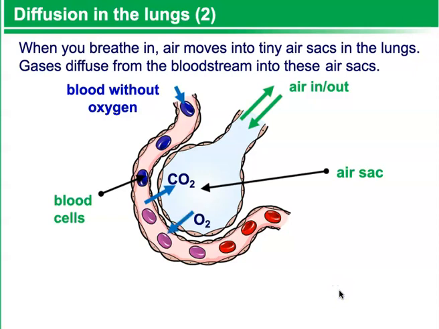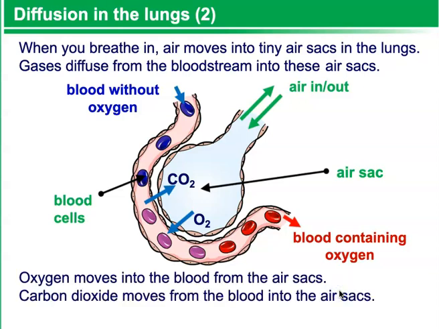The redder-colored cells represent cells that have oxygen that has diffused from the air sac in our lungs into the blood cell, and then it can move throughout the body to supply oxygen to the cells everywhere in our body. So oxygen moves into the blood from the air sacs, and carbon dioxide moves from the blood into the air sacs.